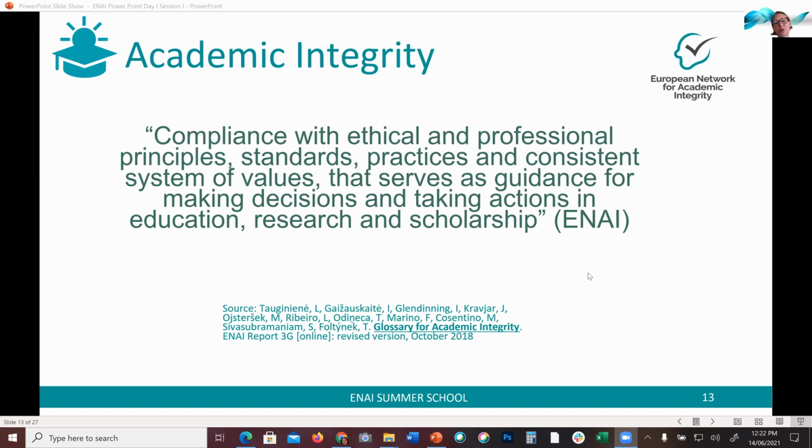There is a system of values, so it covers the values that you have mentioned, like responsibility, like honesty, and so on. Also, some of you mentioned ethics, and it's very important because if we do not know the principles and standards that are put in, for example, research ethics or academic ethics, then we are not fully able to act with integrity in our academic or research life.